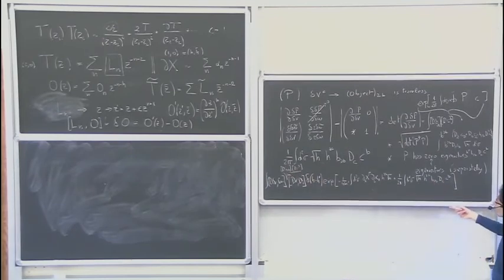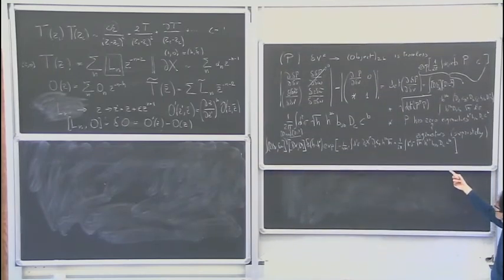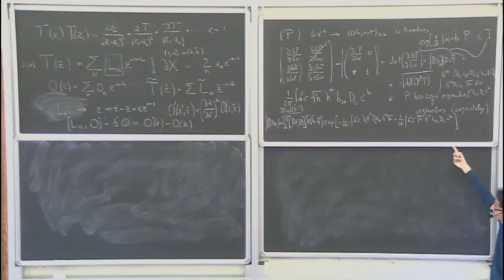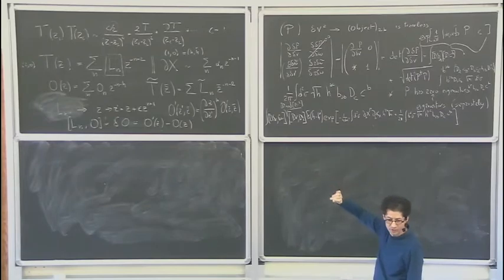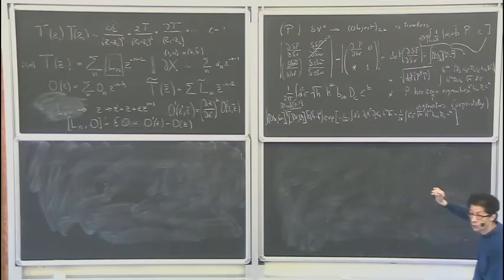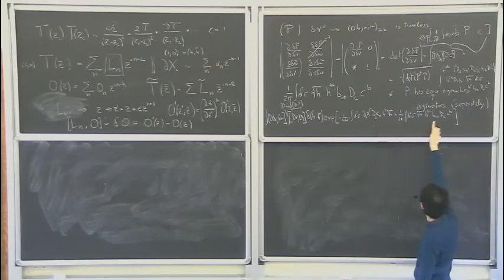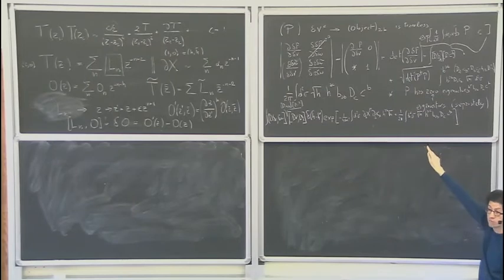So I brought this equation because this is the standard form you usually see in books, and then I claim that the first thing we want to do, which I will not do in all detail but I will tell you how it works, is to take this new action and find the equation of motion for the h. And that will define the stress tensor of the new conformal field theory, including the ghost sector.